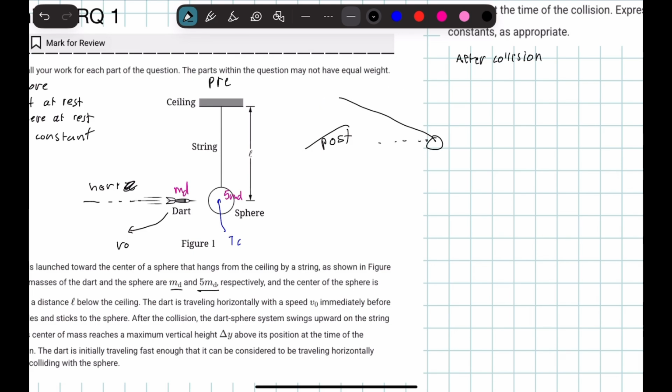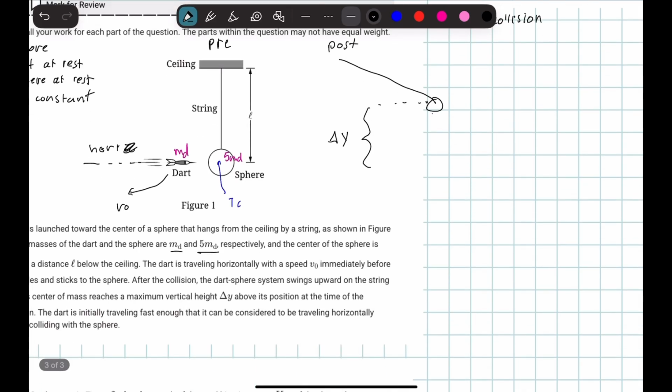That's like delta y, right? The thing is stuck in there, and then it went up there.